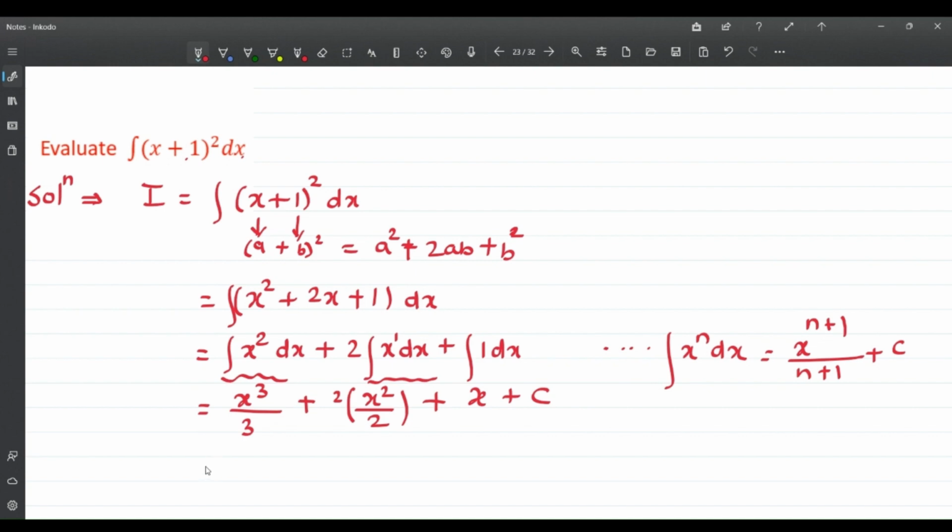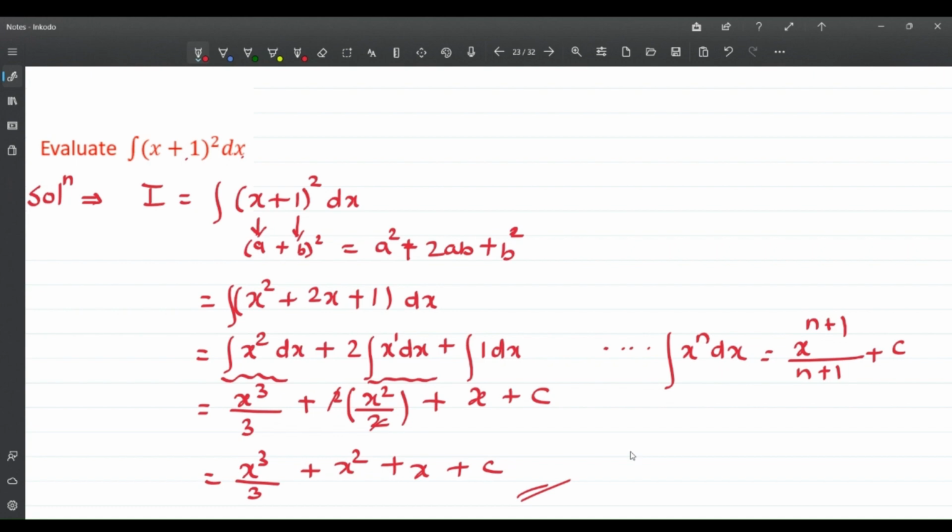Now this 2 and 2 will get cancelled. Therefore, the final answer is x cube divided by 3 plus x square plus x plus c. This will be your final answer.